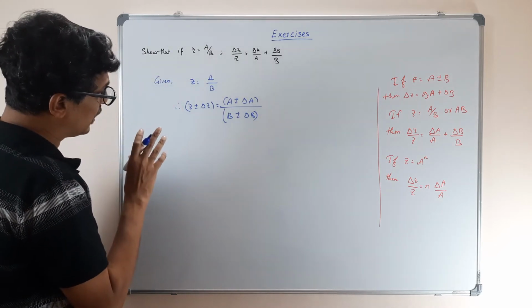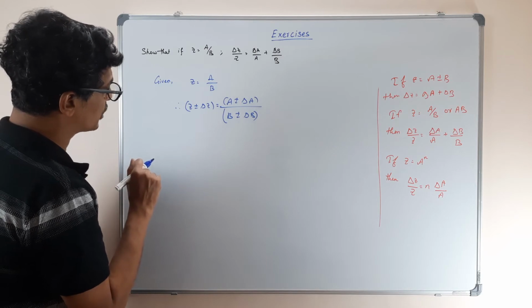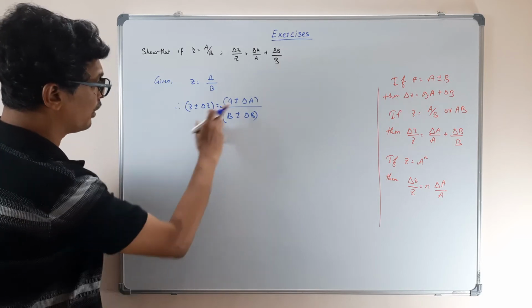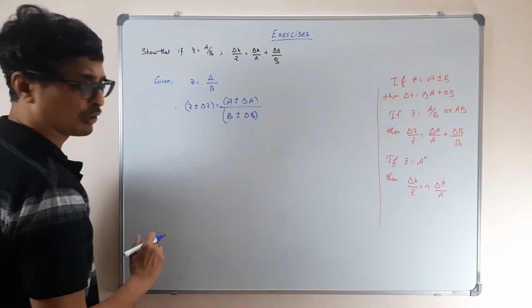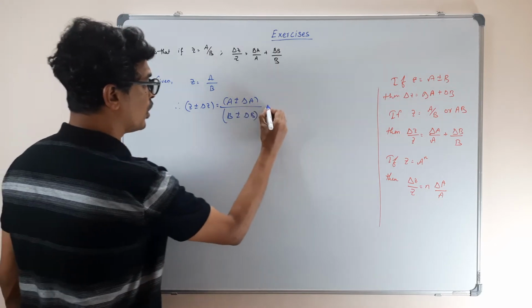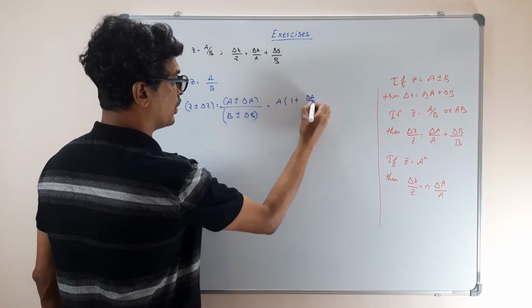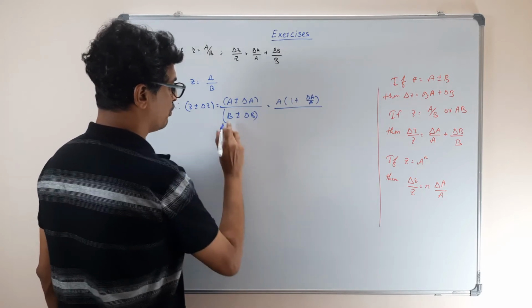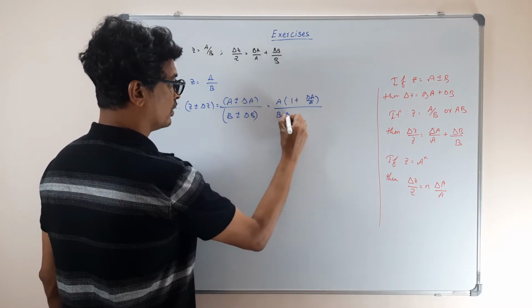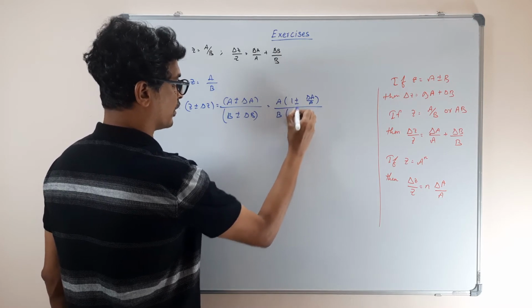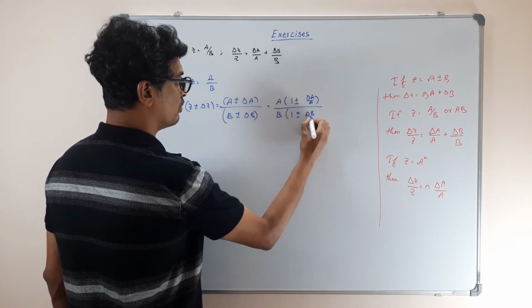So now, let us do some jugglery. What am I going to do? I am going to take A outside, so this will become A times 1 plus delta A by A, and I will take B from here outside, so B times 1 plus minus delta B by B.